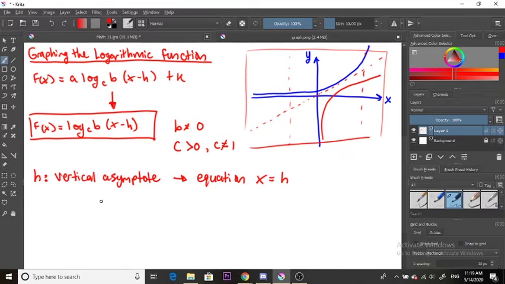The next thing is that we need to take a look at this point right here. That is your x-intercept. Now the x-intercept has the points at 1 over b plus h and 0. So if you've been given your b and your h, you can figure out the coordinates of your x-intercept.